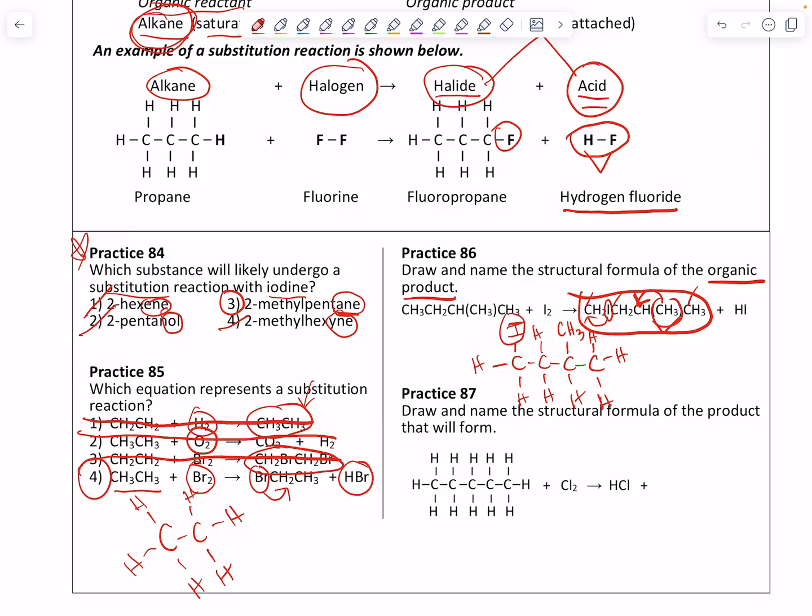So that is like 1-iodobutane. But there's also a methyl group branching off here of the third carbon. So I would say it's 1-iodo-3-methylbutane. Okay, that would be the correct name for that one.